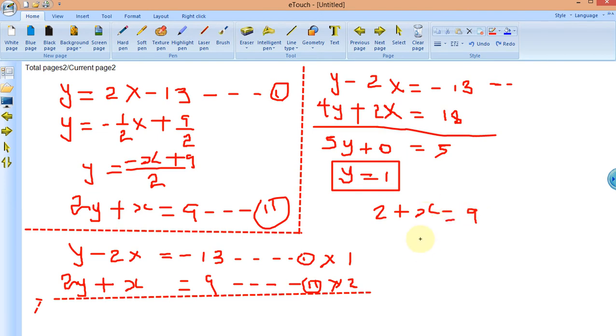Take 2 to the other side, then x equals 7. So the coordinate of D is x comma y, that is 7 comma 1.